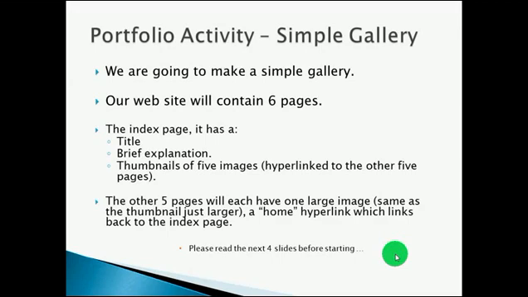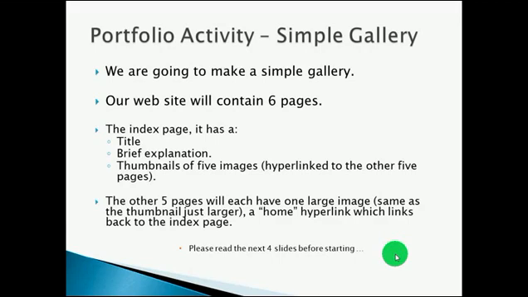It's going to have thumbnails, so the thumbnails must be quite small. The size of the images might be maybe 150 pixels wide to an appropriate height. And the idea is that when you click on the thumbnail, it's going to take you to the appropriate page, and the appropriate page will be one of the other 5, which is simply going to have the image which has been reduced to maybe 450 width and the appropriate height, and that's all it's going to have on the page, just that one image.